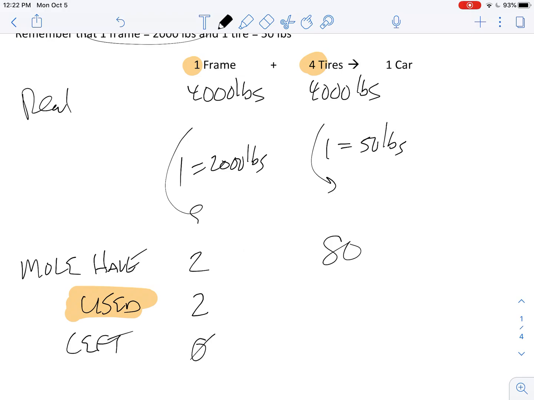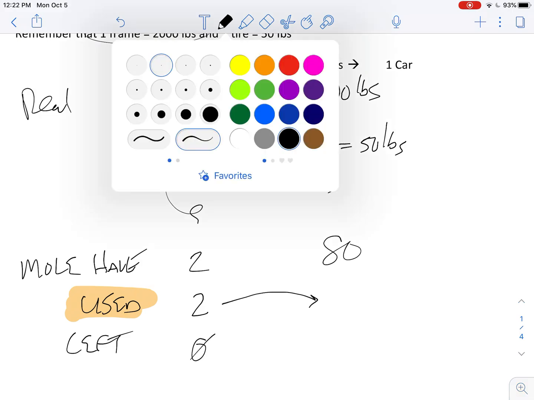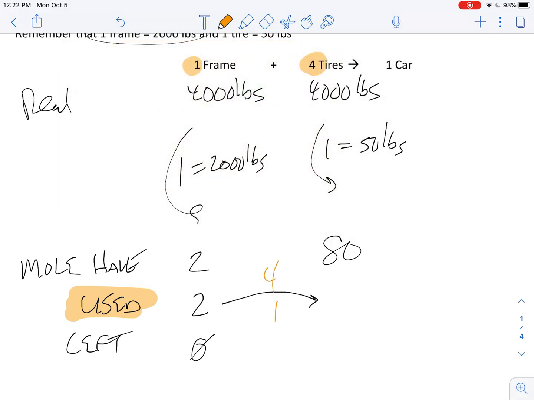Now if that's the case, then my used line is where I'm going to do all of my stoichiometry left to right, like I've taught you in the previous videos. So it's the used line that's going to go over here by a 4-to-1 ratio, because I multiply by where I'm going, divide by where I came from. So 4 times 2 is 8, so I'm going to use 8 of my tires.